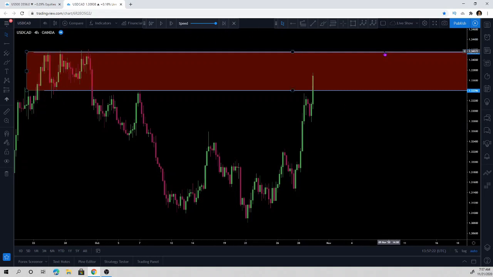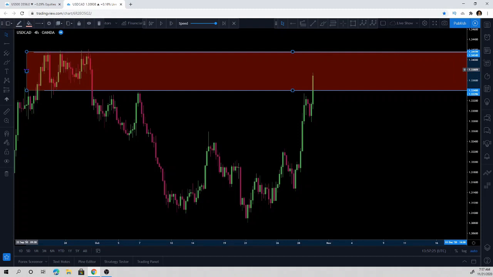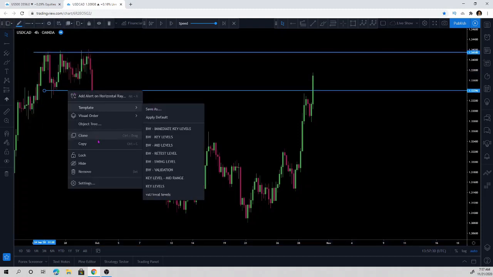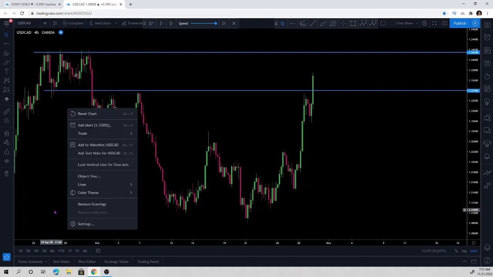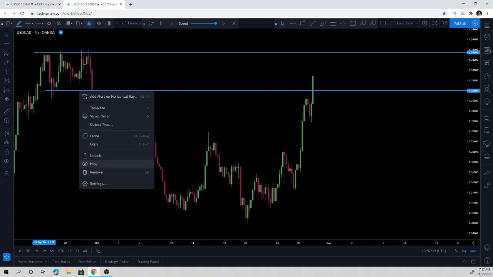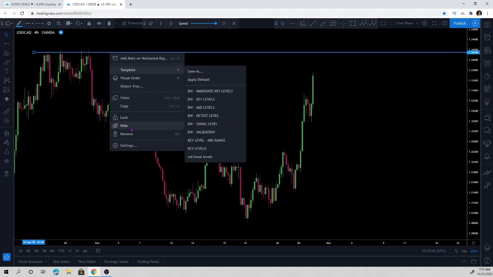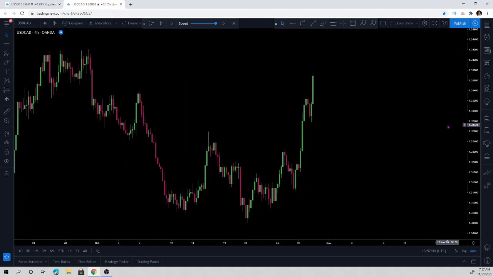Now, I'm going to hide this, because I want to show you what happens when you do not use the correct levels of support and resistance.